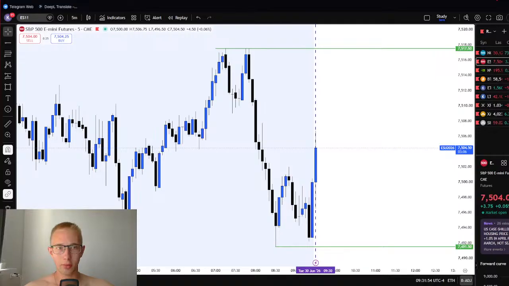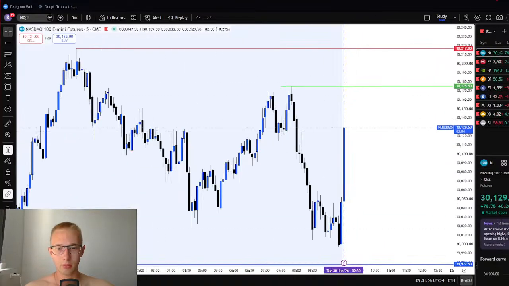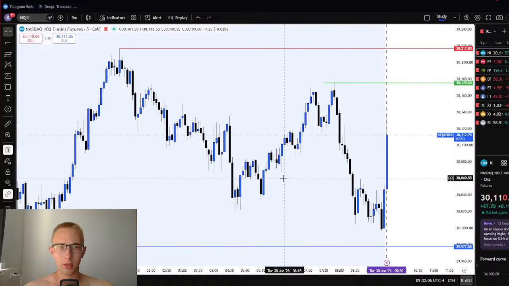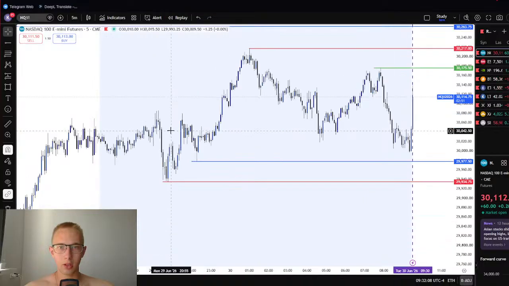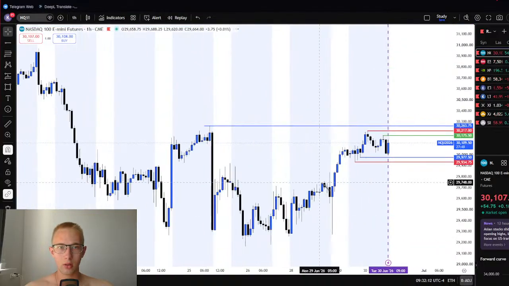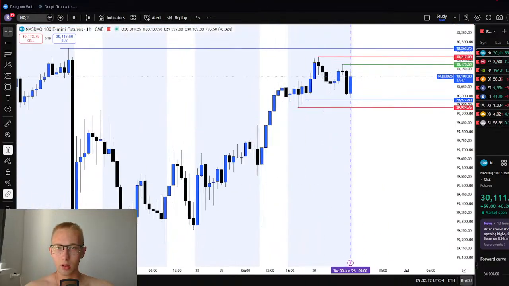On the 5-minute we're about to break the structure to the upside. Let me go on there. What am I even targeting on hourly on NQ potentially? Okay, those highs out there.